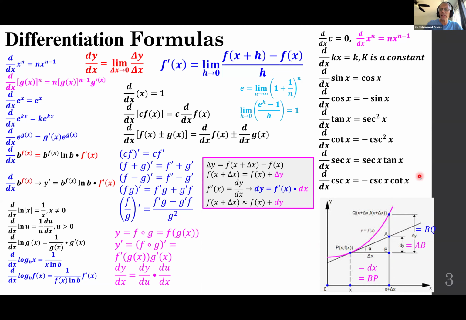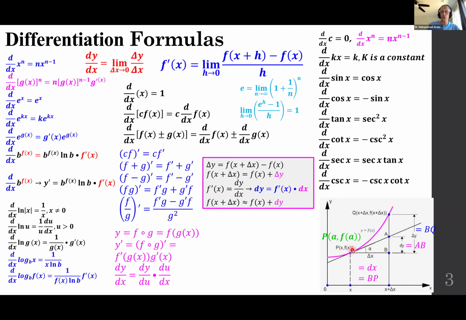And that is, in this case, this distance, delta y. Whereas dy is the rise along the tangent line. So delta y is equal to BQ, dy is equal to AB. They are not equal, but delta y can be approximated by dy, where dy has the formula f prime of x dx.